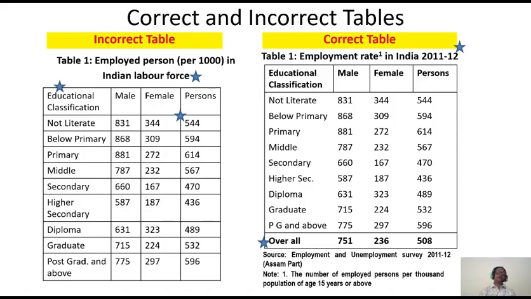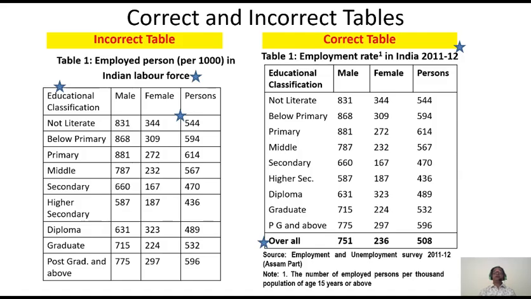So here, the overall employment rate is shown. It's not the total, it's the overall employment rate. So you can understand that, okay, overall employment rate, you may say that this is an average. So 751 is the average employment rate, and you see not literate, below primary, primary, and even middle school level, they are having a smaller number of people below the average who are employed.